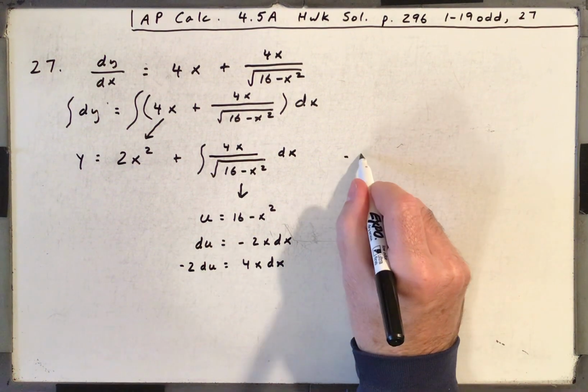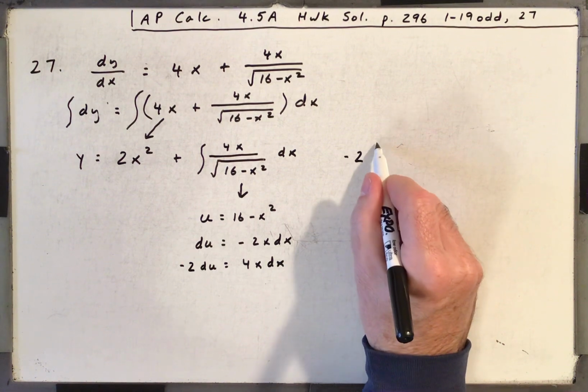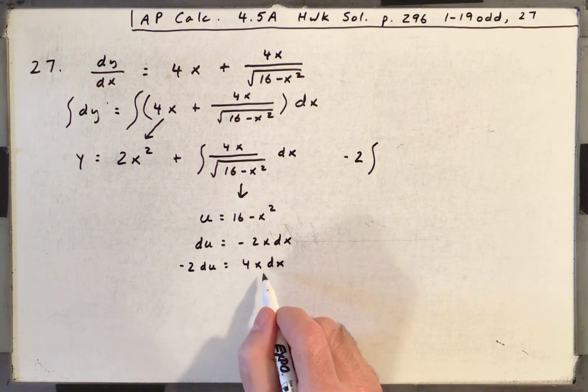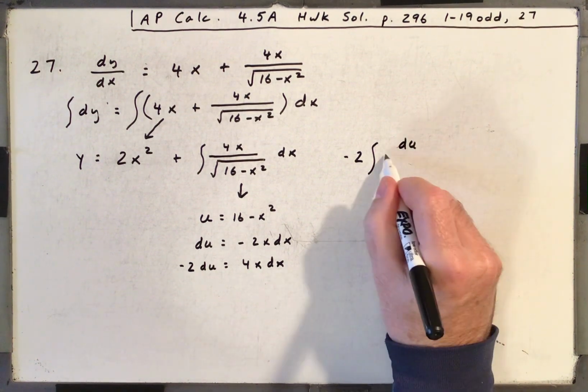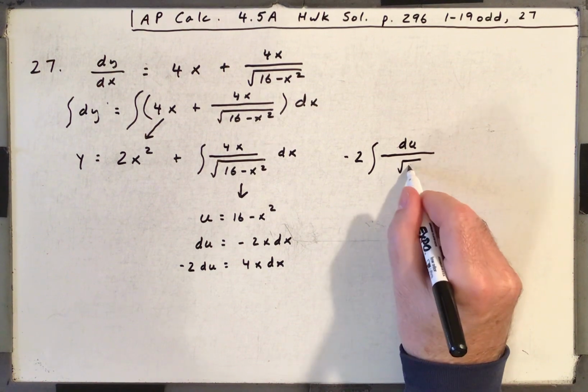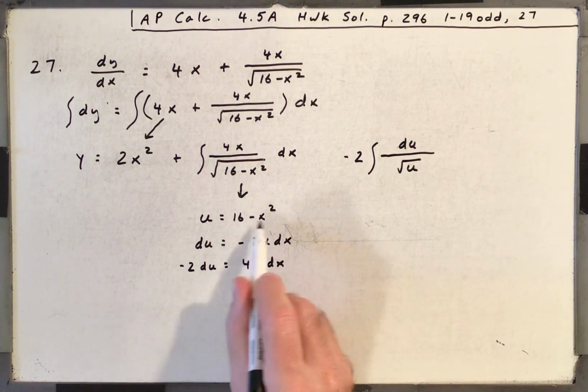So now I can rewrite that integrand. I got a negative 2 out front. 4x dx is just du. So we have du on top over the square root of u. Okay, u is 16 minus x squared.